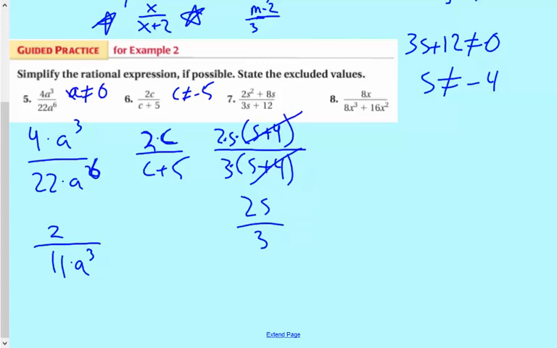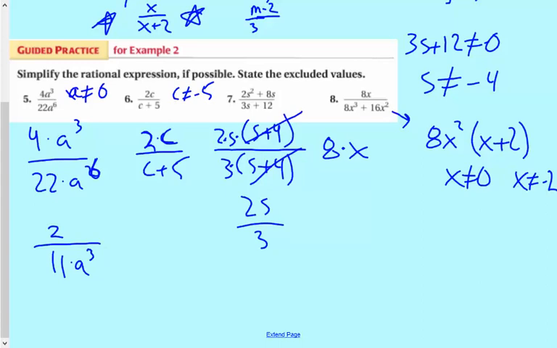On the bottom, I'm going to factor first to find my excluded value. So I'm going to take out an 8x squared out of there, and I'm left with x plus 2. So x cannot be equal to 0, and x cannot be equal to negative 2. Now I'm going to reduce.